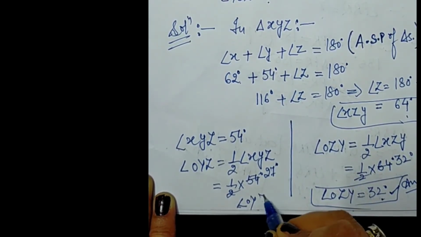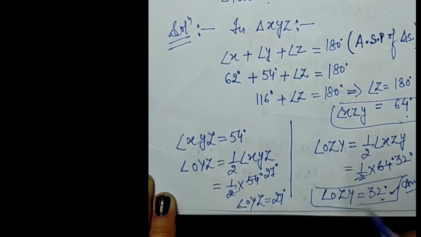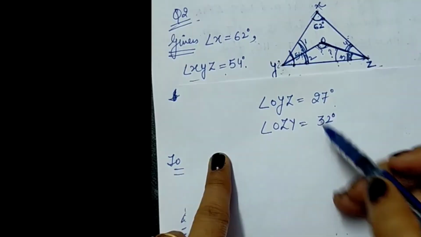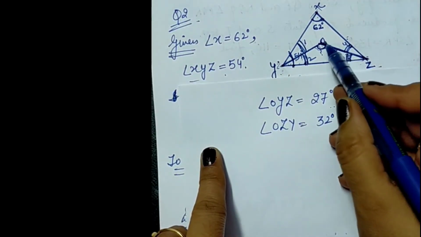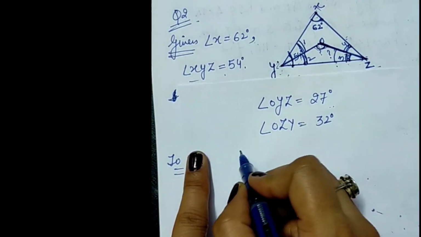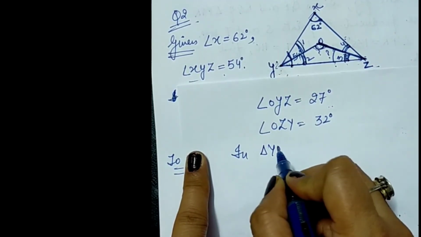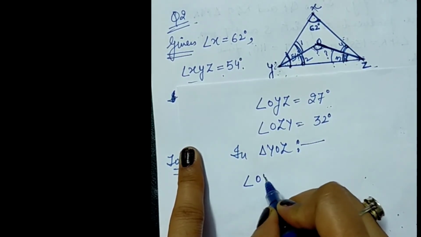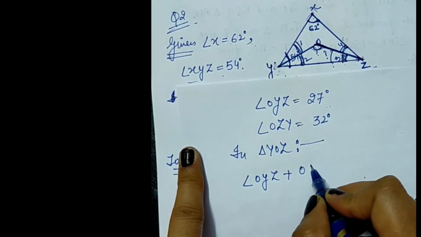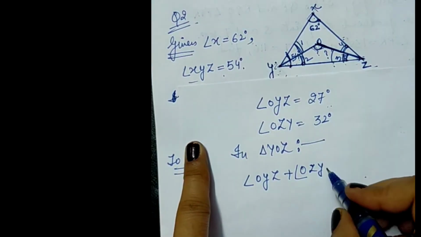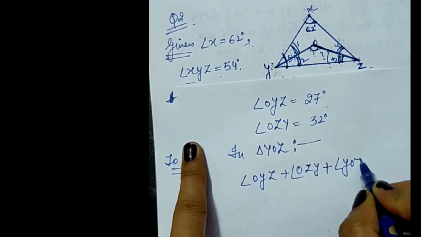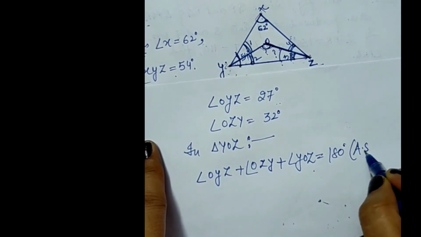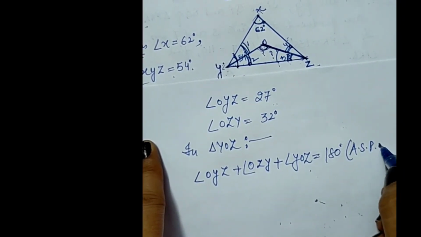OYZ is 27. Now you can see we got two angles, and we can find out the third angle easily. Angle OYZ is 27 and OZY is 32. So in triangle YOZ, angle OYZ plus OZY plus angle YOZ will be equal to 180 degrees. Why? Using angle sum property of triangles.